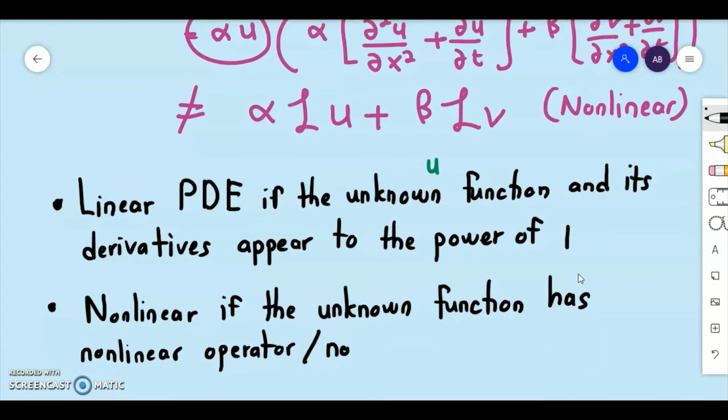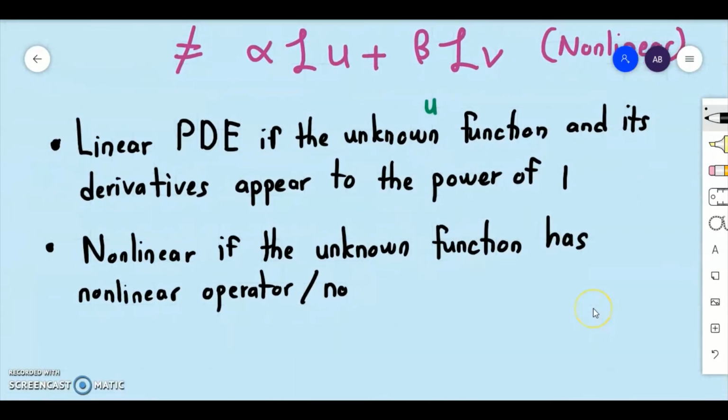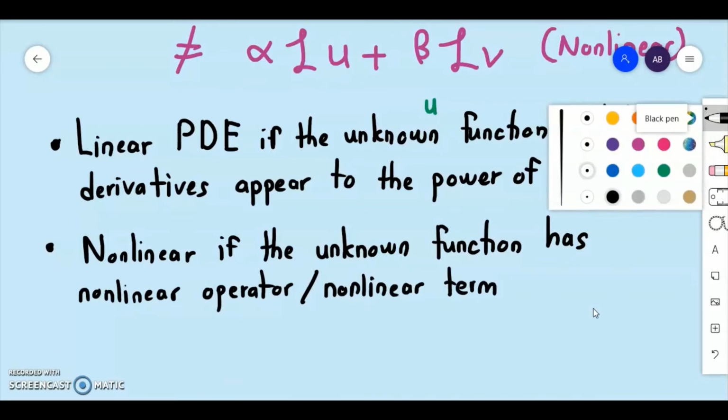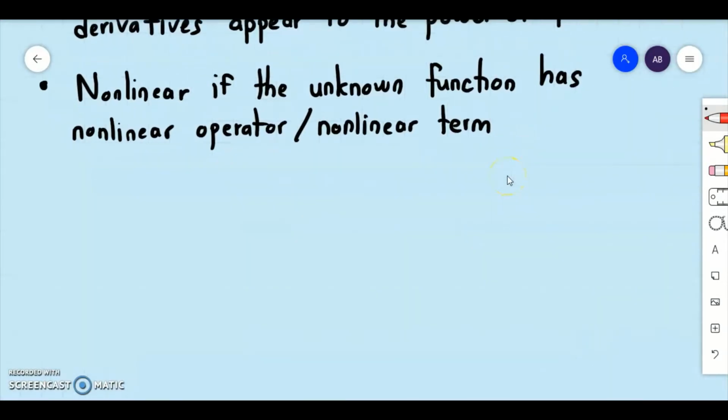It has, how can I say, a nonlinear term here. Okay, so I can give several examples here. Maybe you'll understand through these examples. So let's look at some of the examples.